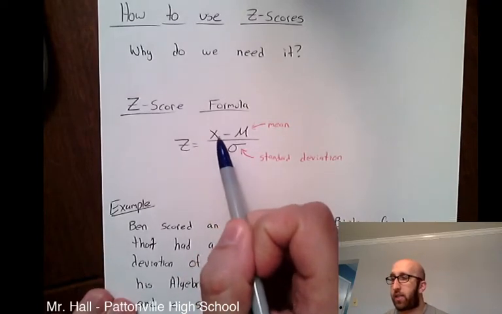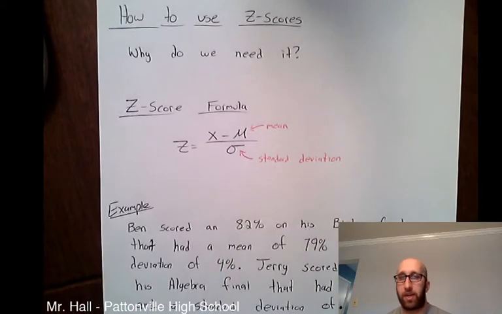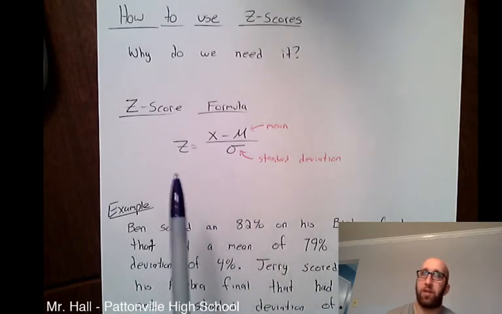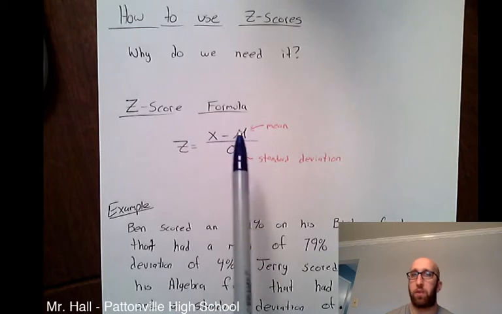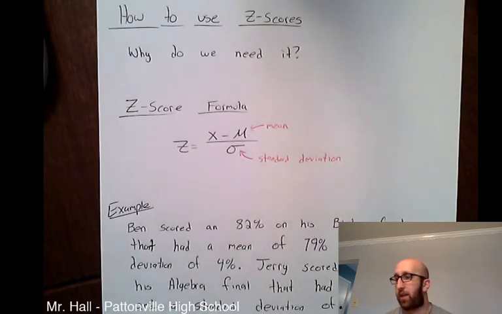You take some value, subtract off the mean, and divide by the standard deviation. That is going to give you a z-score. Another way you might hear me say this is the observed value minus the expected value divided by the standard deviation. So x minus mu divided by sigma, or x minus the mean divided by the standard deviation.